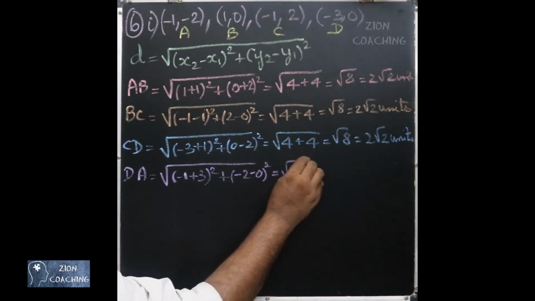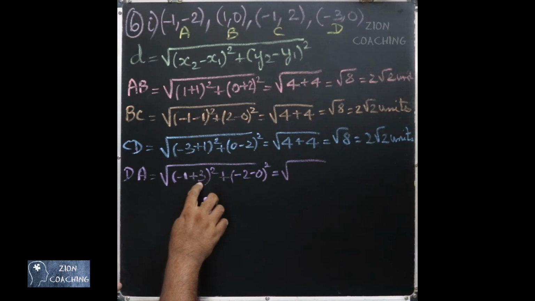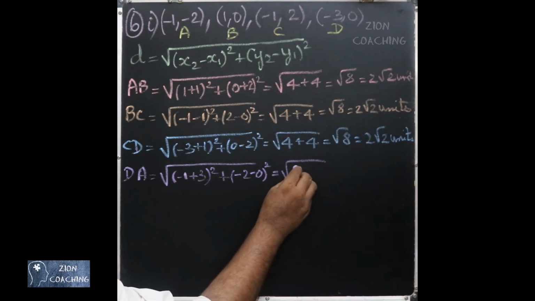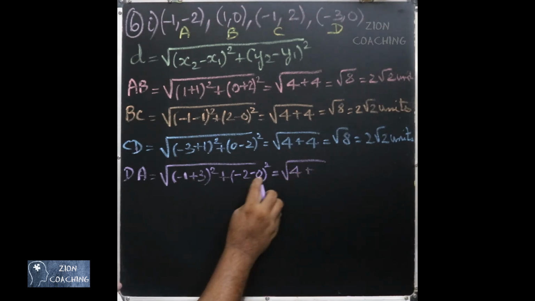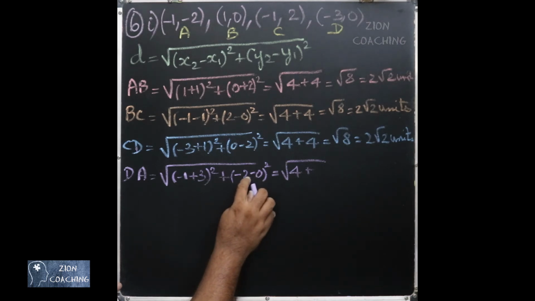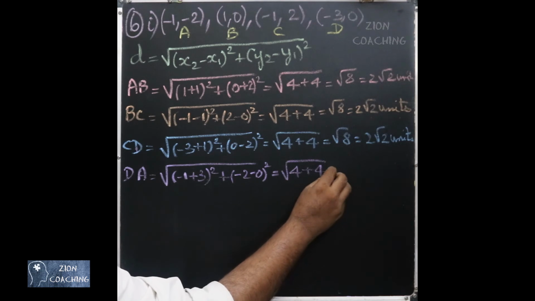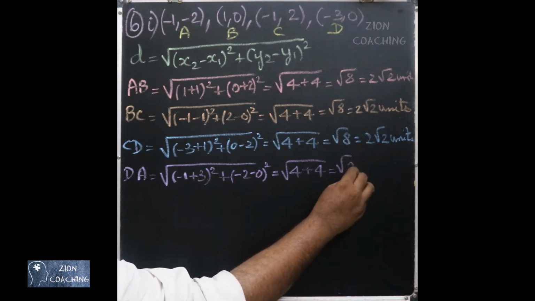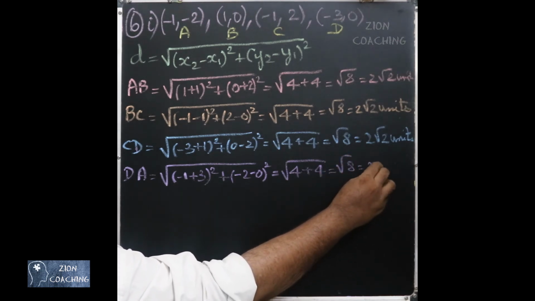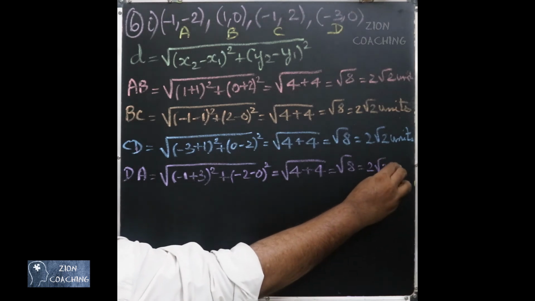Minus 1 plus 3 is 2, 2 squared is 4. Here minus 2 minus 0 is minus 2, minus 2 squared is 4. So we have 4 plus 4, that is root 8, which is 2 root 2 units.